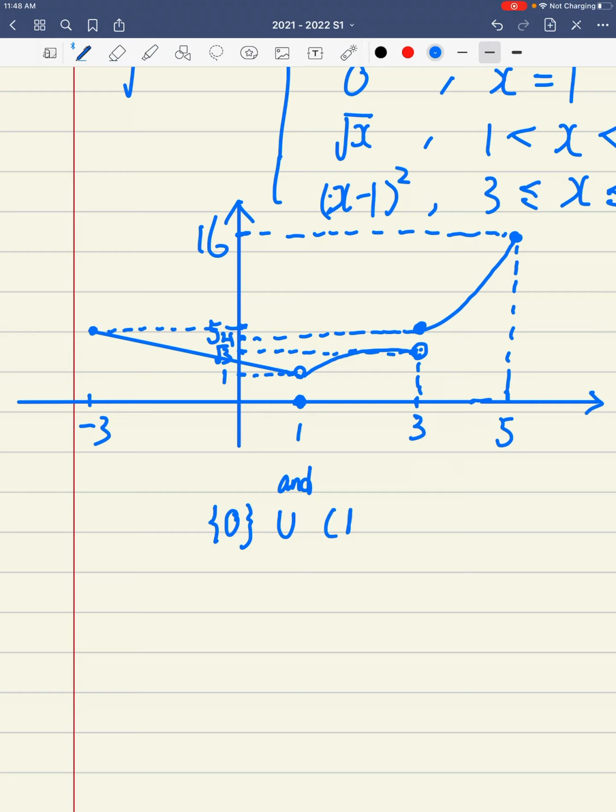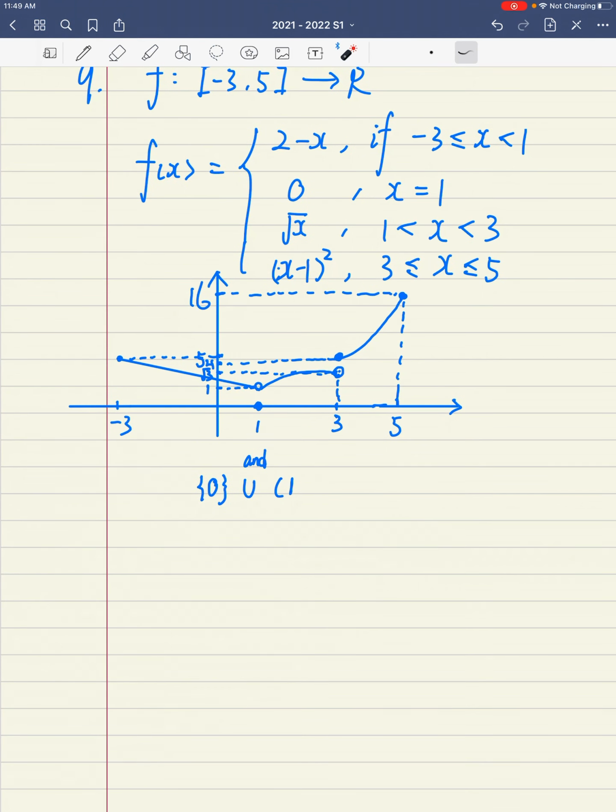Then from 1, moving upward, any value you can get from f(x). Here it's from 1 to square root of 3, or here it's from 1 to 5, and here it's 4 to 16. So any value between 1 and 16, you can get from the function.